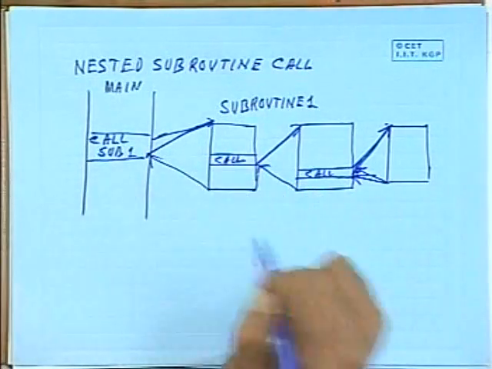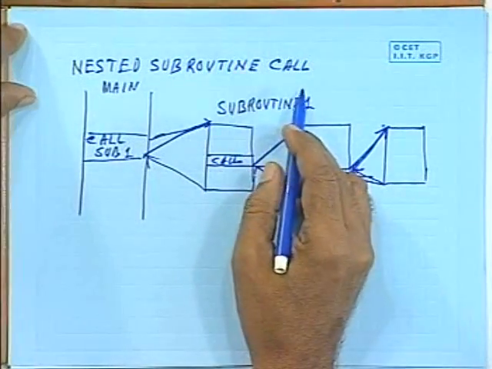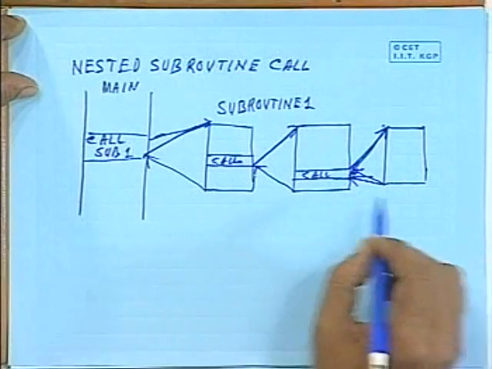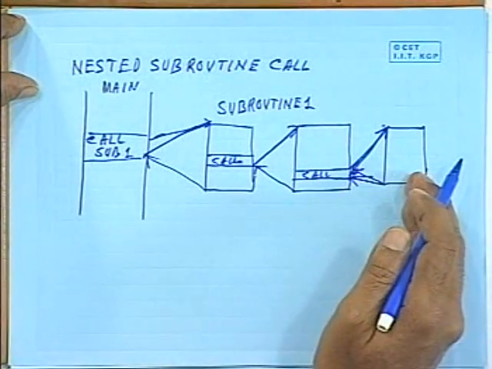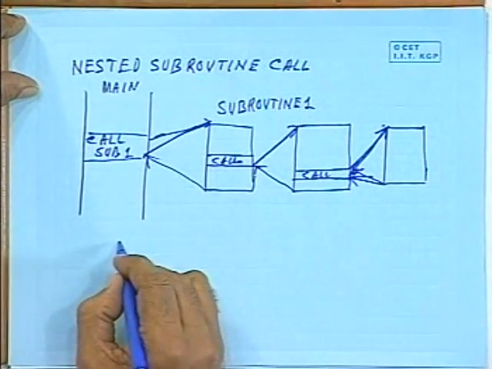In this way it will return. This is called nested subroutine calls. Now, how many nestings you can do in this manner will depend on the size of the stack.